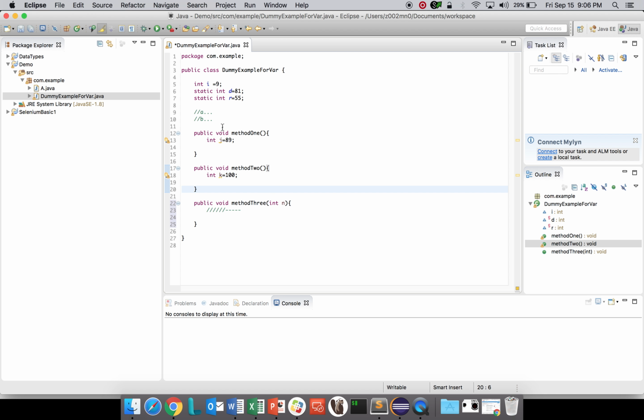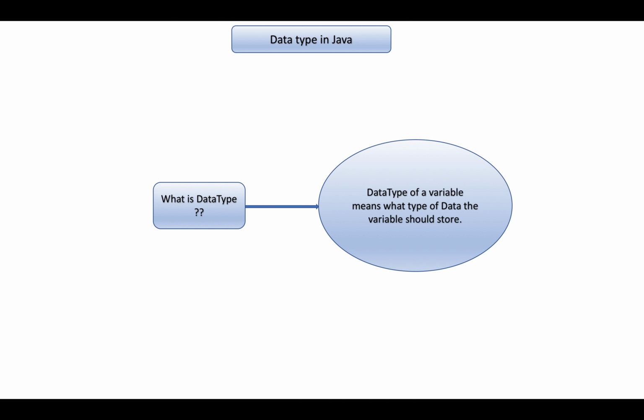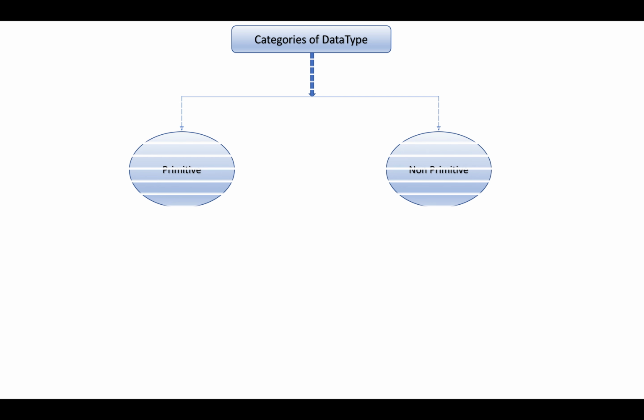We had seen the variable, name of the variable I. This is called the type. What type of data can I store? Say int means 9. Okay, that is called data type.